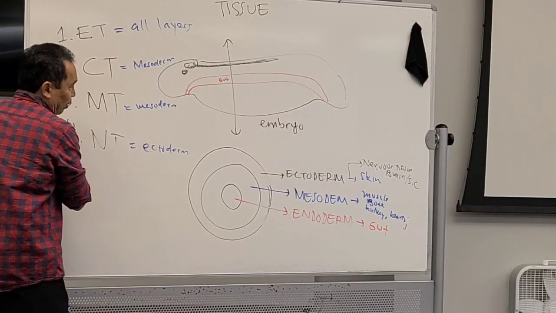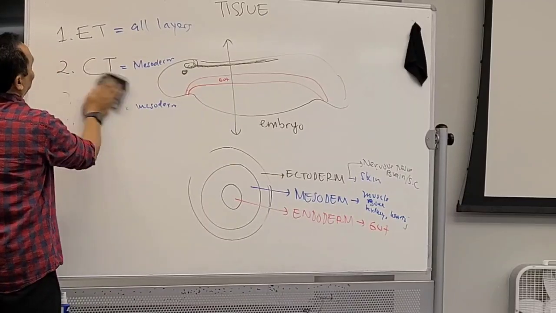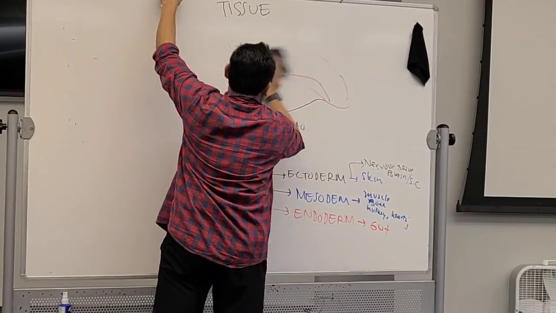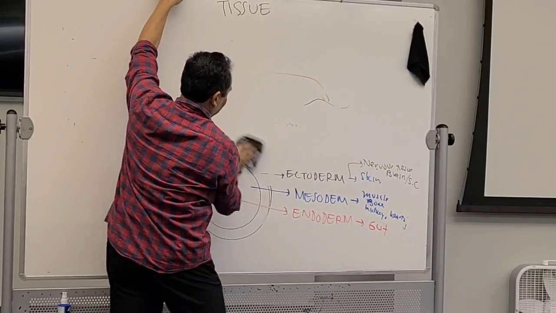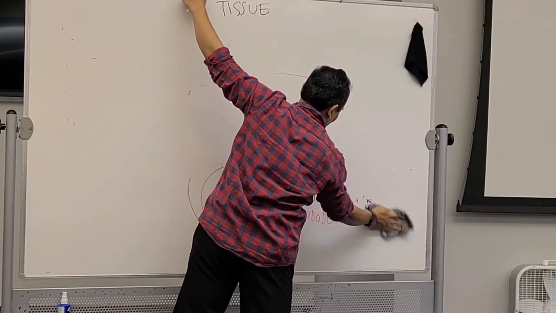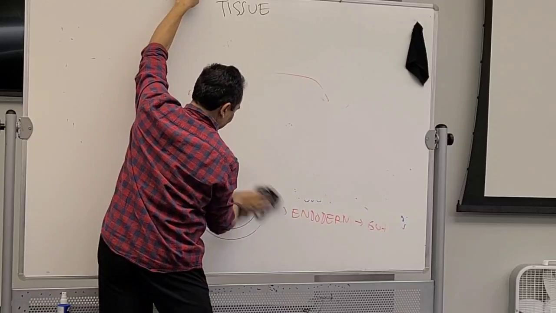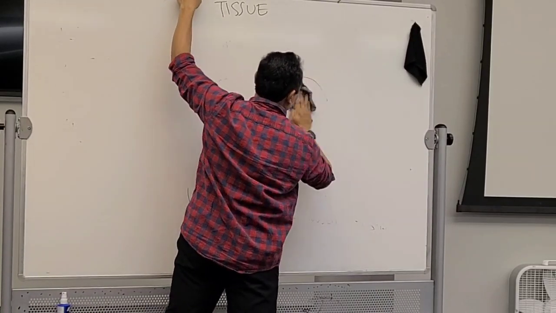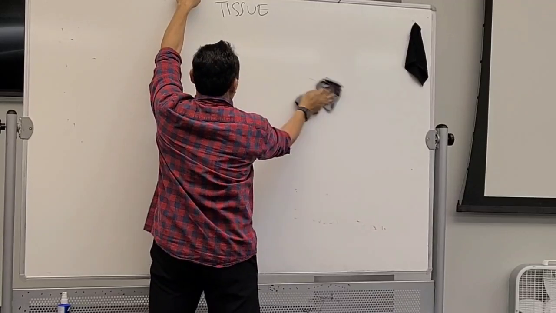Okay, we're gonna erase this now. We're gonna summarize a little bit before we continue next week about this tissue. We're gonna summarize the difference between these 4 different types of tissue.